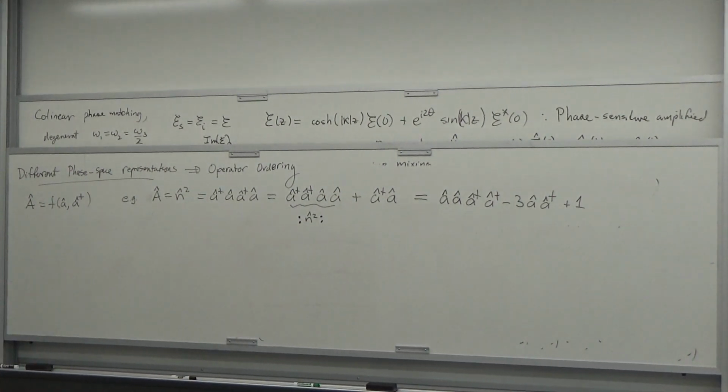Now suppose I want to define a function which is a representation of this operator in phase space. What I want to do is set A to alpha and A dagger to alpha star.